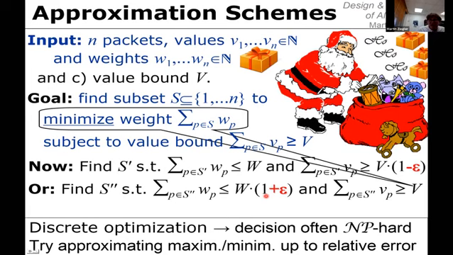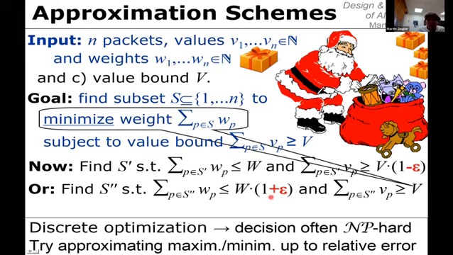Okay, so to summarize, when we talk about approximating problems, then we never approximate decision problems. We do approximate optimization problems. We approximate maximization problems by a factor slightly less than 1, or we approximate minimization problems by a factor slightly larger than 1.